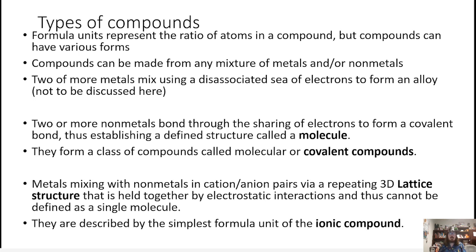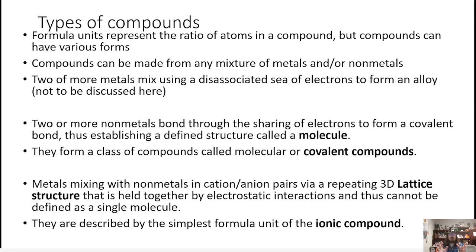Now, what we'll talk about is two different classes, which are made up of metals and nonmetals, or just all nonmetals. When we have two or more nonmetals binding together, they bind through a sharing of electrons, which we call a covalent bond. The electrons get shared between these two atoms and thus establish a defined structure, basically a compact structure with a defined beginning and an end.